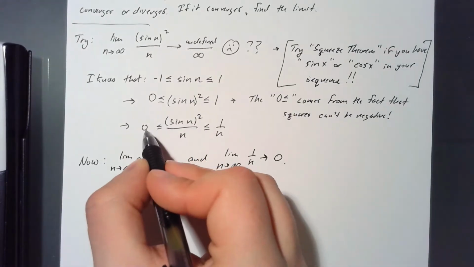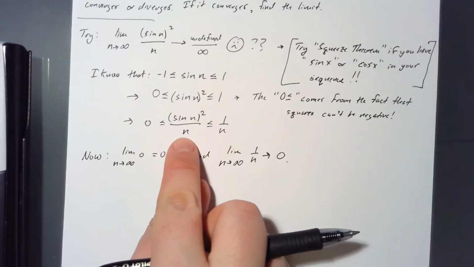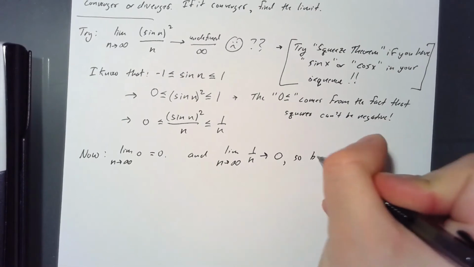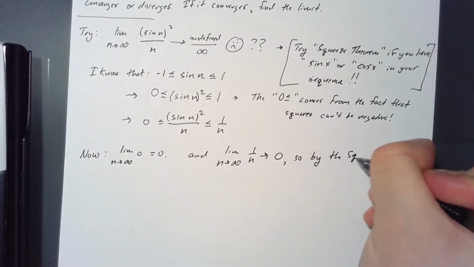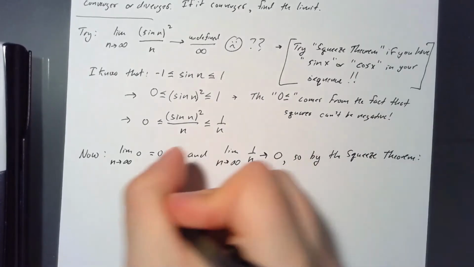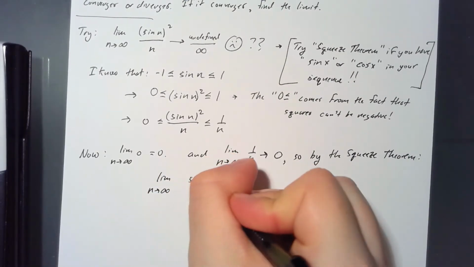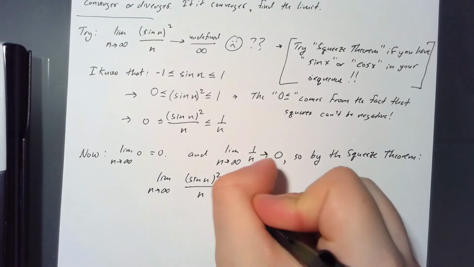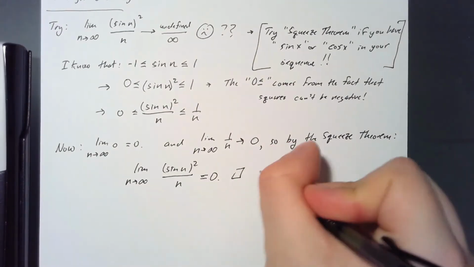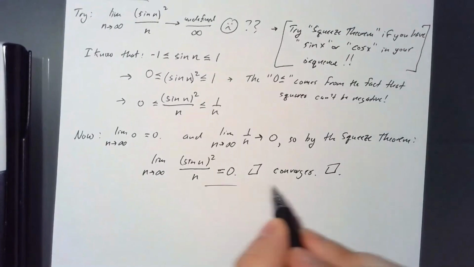So since the limits of both endpoints go to 0, the function is caught between, so by the squeeze theorem, the limit as n approaches infinity of sine of n squared over n equals 0, which converges. So, yeah, that's it.